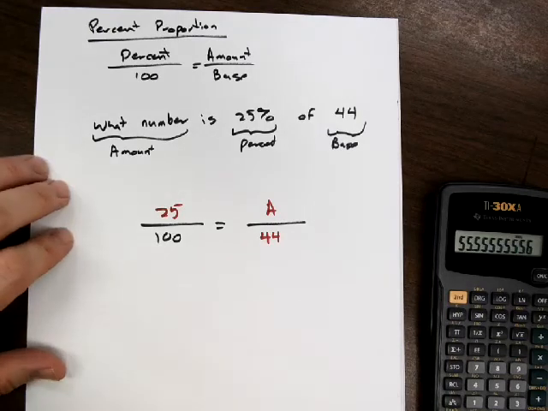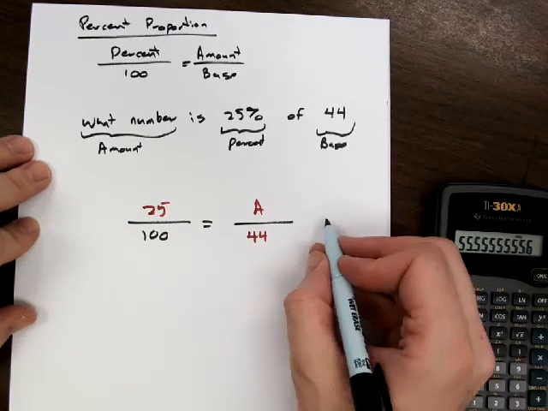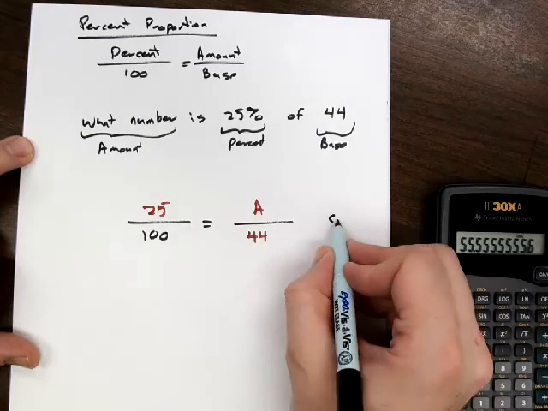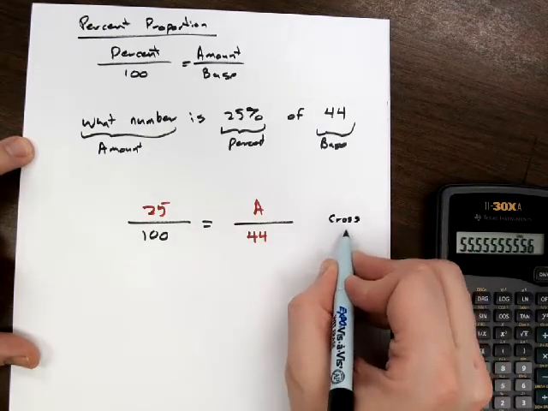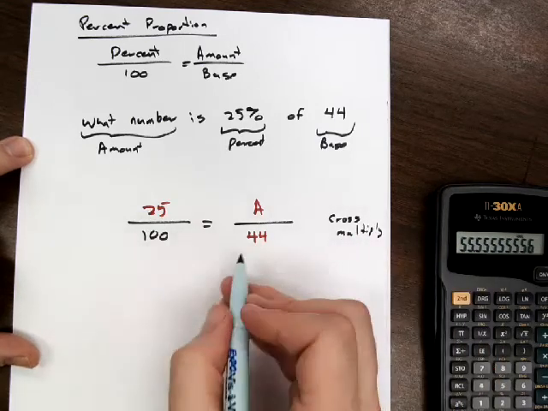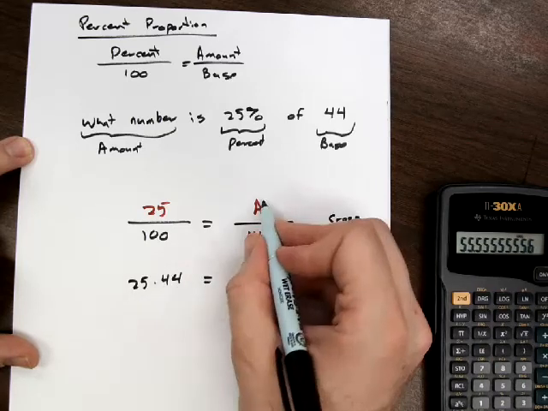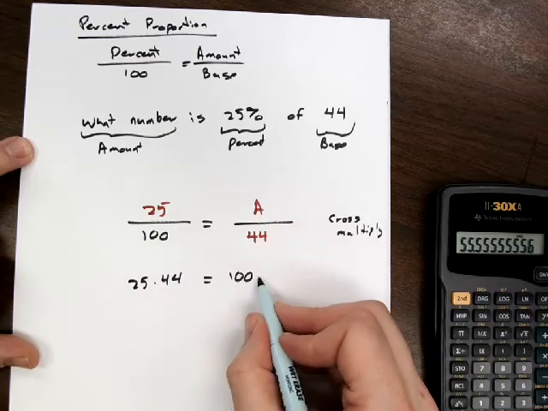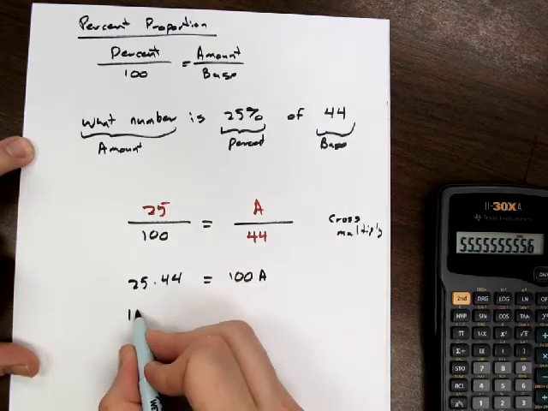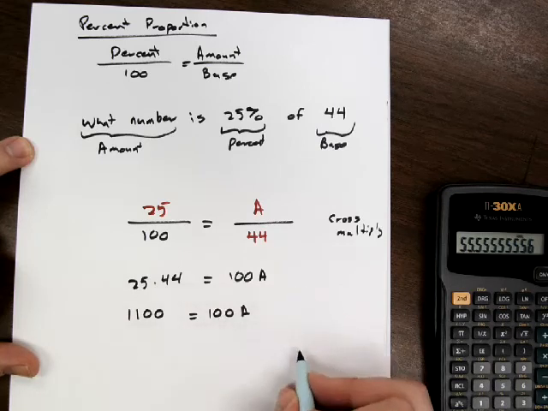Well, at this point, now that we've got this set up, we're going to cross multiply and divide. So we're going to have 25 times 44 is going to be equal to 100 times A. 25 times 44 is going to be 1100 is equal to this 100A.